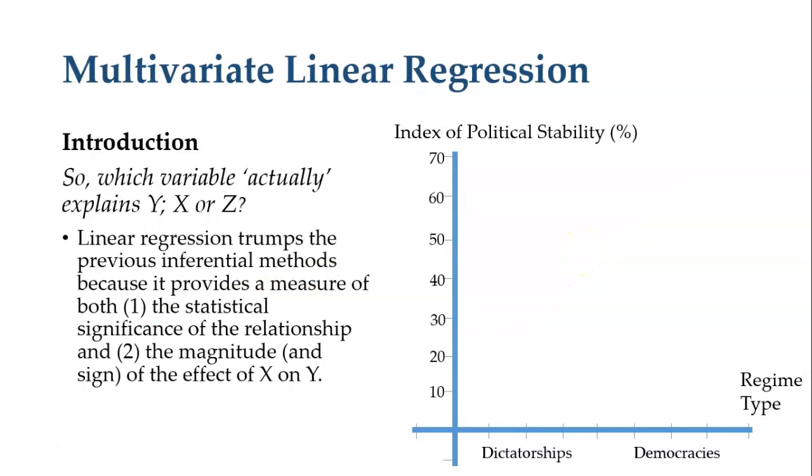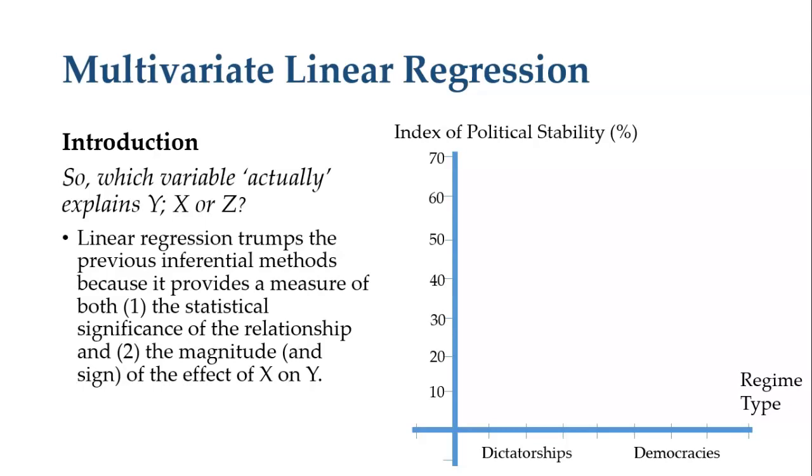Okay, so if we want to choose between regime type or income inequality, what is the variable that actually explains Y? Remember that this is the question that we have related to internal validity, or when we are trying to explain the causal effect of a phenomenon of interest, we always need to rule out potential rival factors, okay?